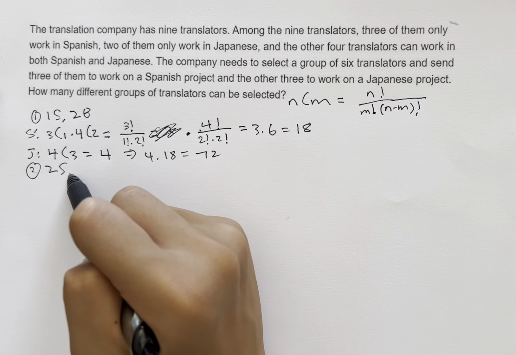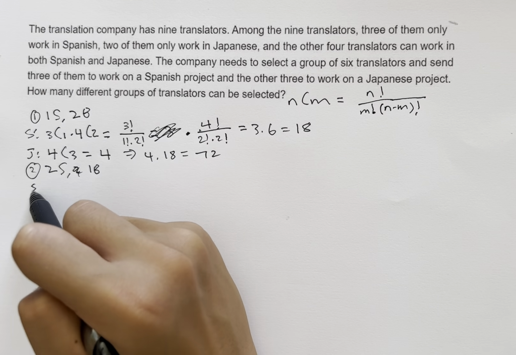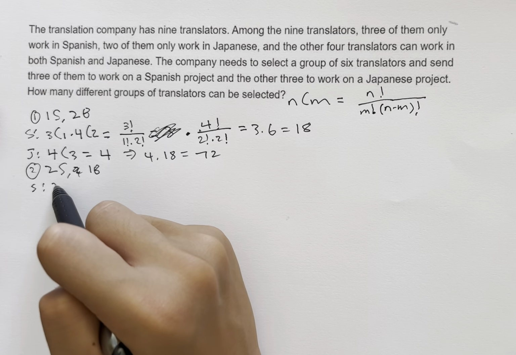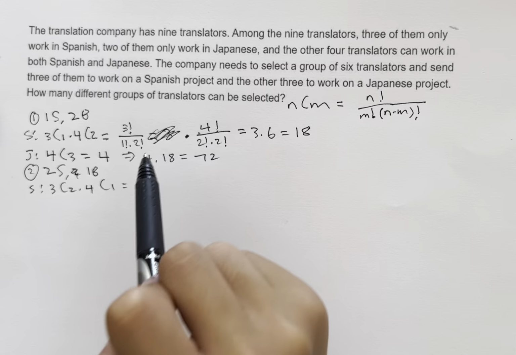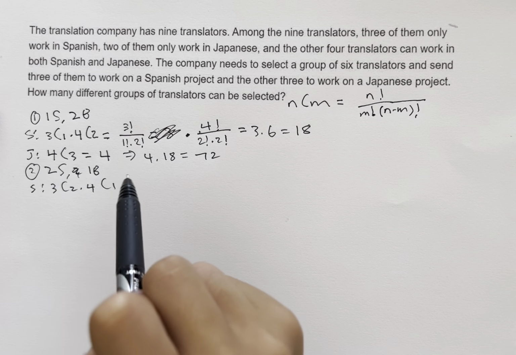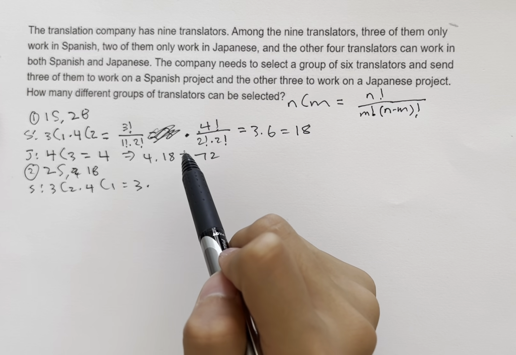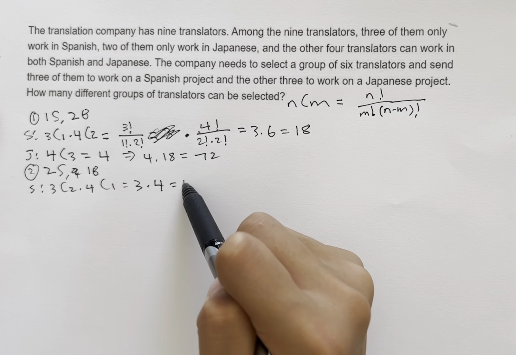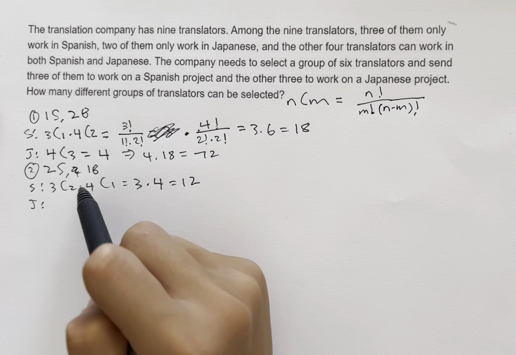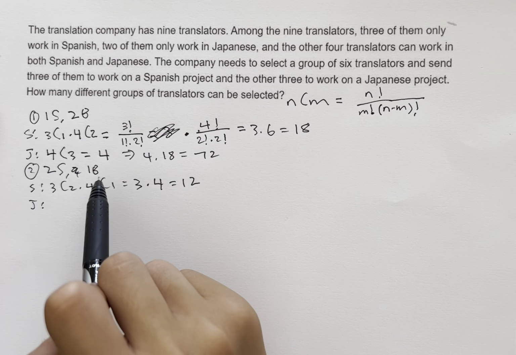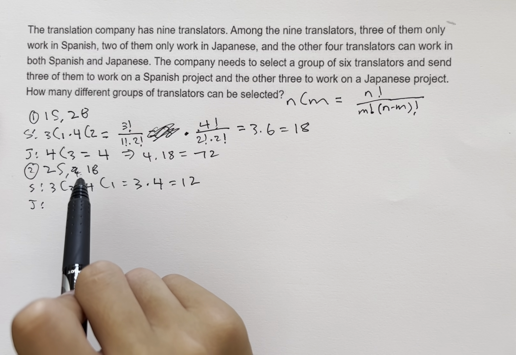Then we get the second case: 2 Spanish and 1 both. For Spanish, 3C2 times 4C1. 3C2 equals 3, and 4C1 equals 4, so this will equal 12. And then for Japanese, since we only used 1 both translator, we still have 3 more translators that can work in both languages.